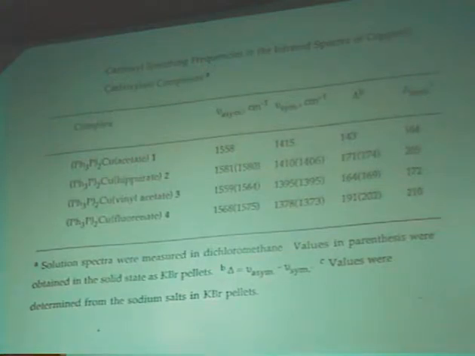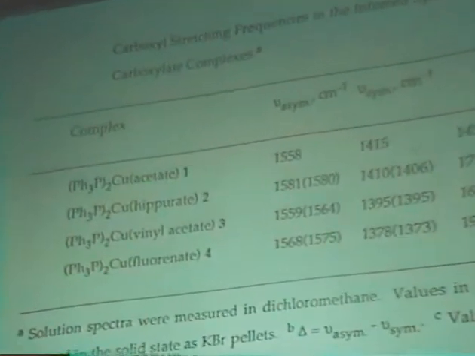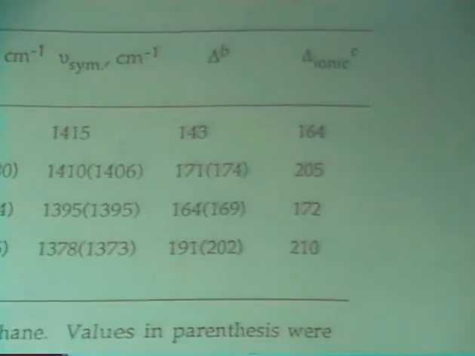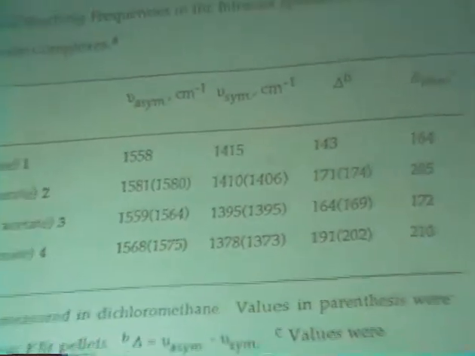In fact, for all the others, the ionic values are listed here, and the differences between the asymmetric and symmetric in both the solid state and solution are listed here. What one sees is they're all a little bit higher, or very close to the ionic value, somewhat lower than the ionic value, but quite close to it. Yet I've told you that they're all bidentate, and this is where the fuzzy region comes in. Let me just show you one of those compounds.